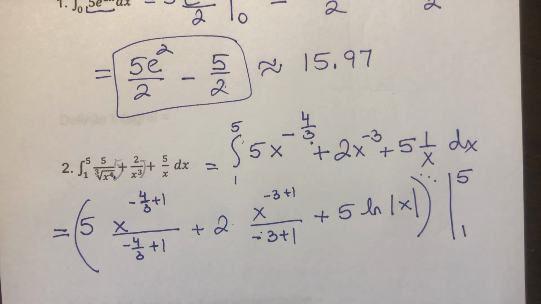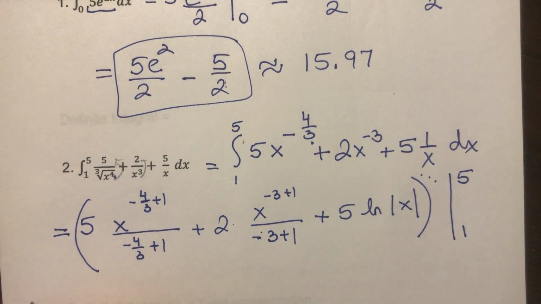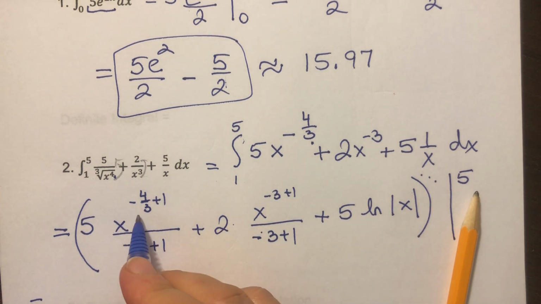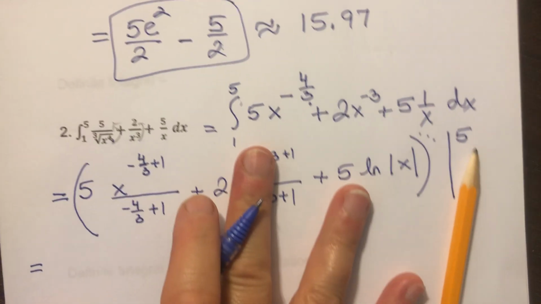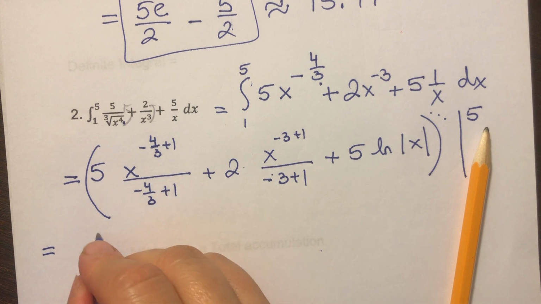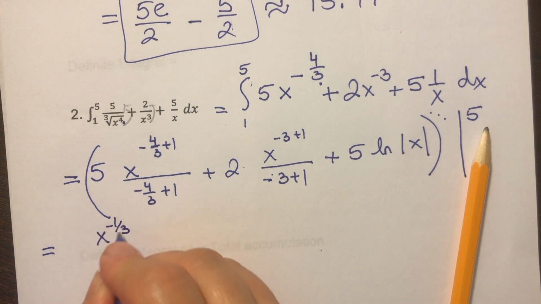Now, sure enough, you're thinking, maybe I don't want to plug in these values just yet. I would like to simplify this first before I throw in more, and you'd be completely correct. So let's try and fix this. What is negative 4/3 plus 1? Negative 4/3 plus 1 is negative 1/3, yes?